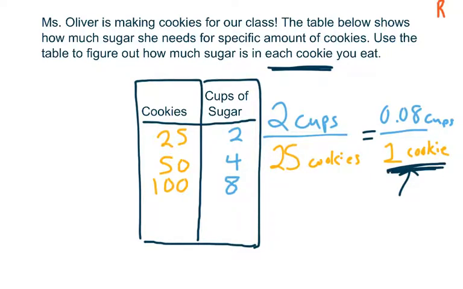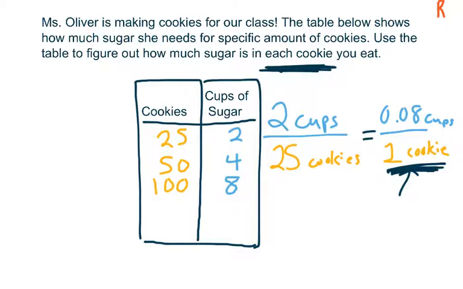And you'll notice, hopefully, that the denominator is cookies on the left side and the denominator is cookies on the right side. So we want to keep the denominator the same label as we're doing these unit rates. Cups are both on top, cookies are both on the bottom. And whatever you're looking for is going to be the denominator, because you're looking for 1 cookie, so we need 1 cookie on the bottom.